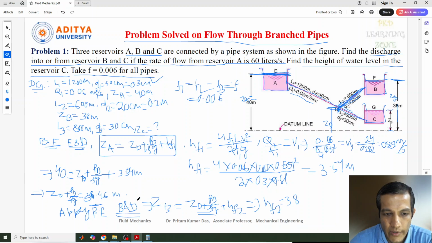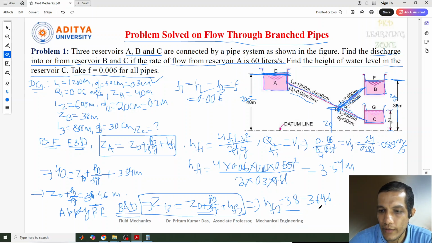Now it is very simple, we can easily find out the head loss: 38 minus what is already there, 36.46. So we get 1.54 meter. This is the head loss in this pipe.